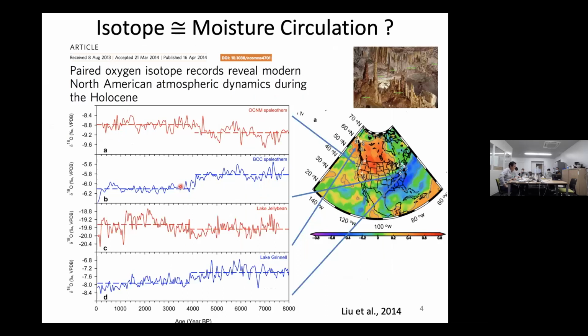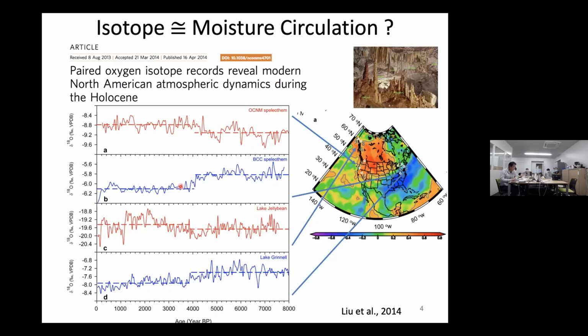Other people use isotopes as a moisture circulation proxy. For example, this is Zhongfang Liu's study, using two pairs of speleothem or lake sediment O18, which can be used as a proxy of PNA signals. So this is similarly regarded as a moisture circulation proxy.